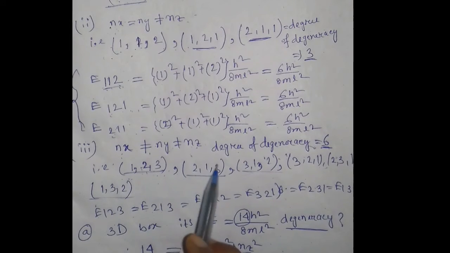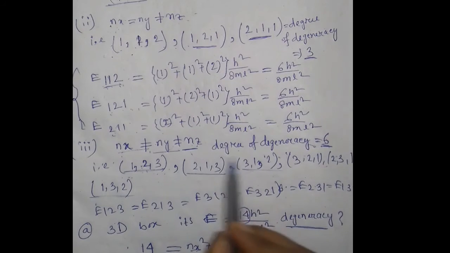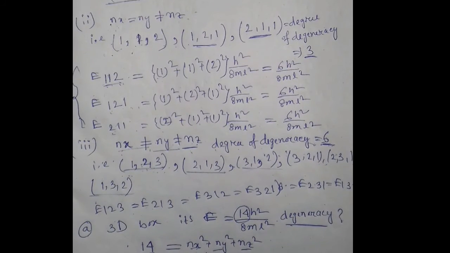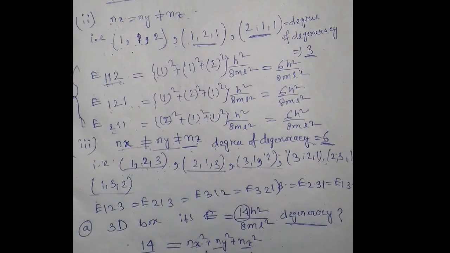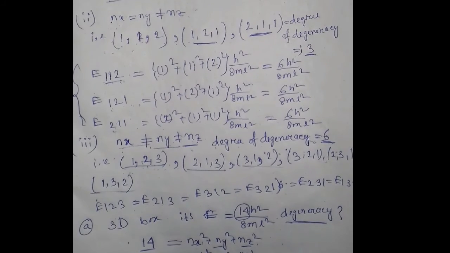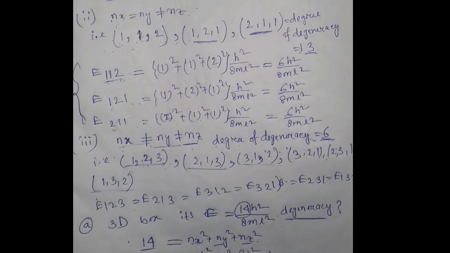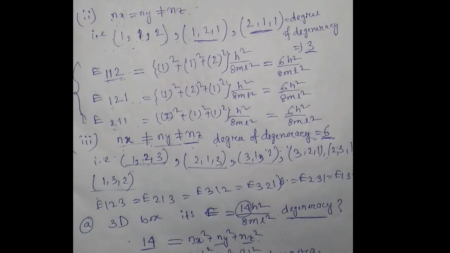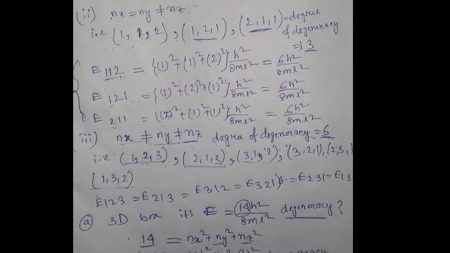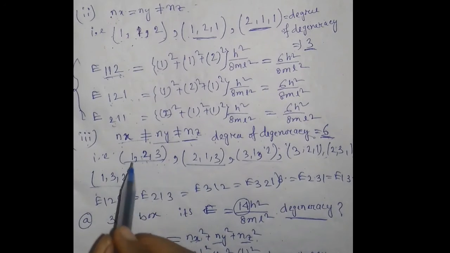As I said earlier, when nx not equals ny not equals nz, if we memorize that the degree of degeneracy is 6, we can easily say it is 6. We can easily calculate by memorizing just these three cases.